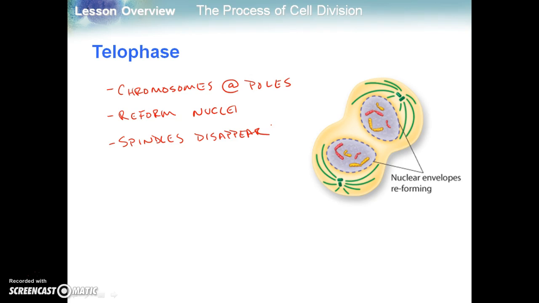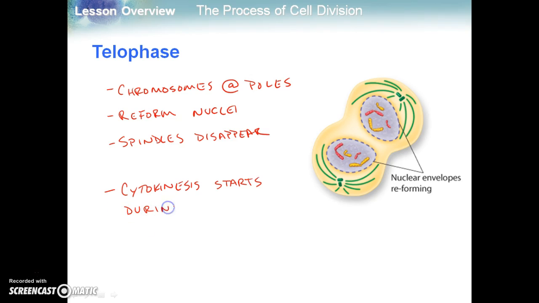And telophase is going to kind of mesh in with anaphase and with cytokinesis. So we're about to talk about cytokinesis, but cytokinesis starts during telophase.